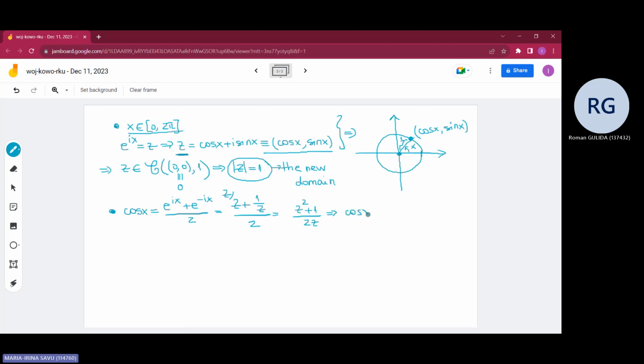So cosine of x is z squared plus 1 over 2z. And sine of x from the definition is e at ix minus e at minus ix over 2i, which is actually z minus 1 over z over 2i, which is z squared minus 1 over 2iz. So sine of x is z squared minus 1 over 2iz.